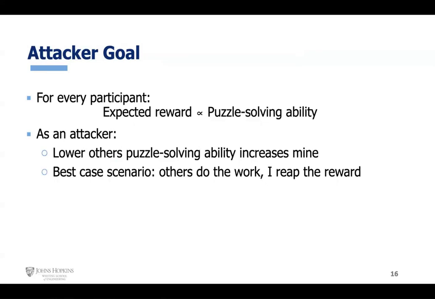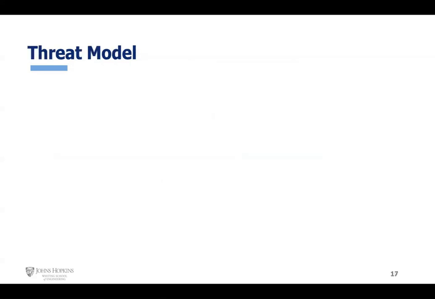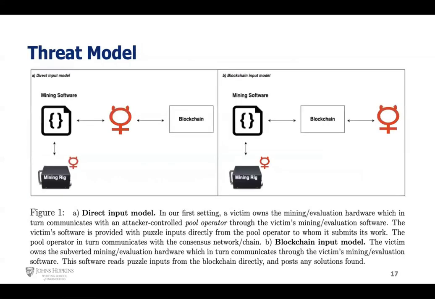For example, if I own 10% of the hash rate of the network, and then half of the network goes out other than me, then now I suddenly own 20% of the network, right? So your respective ability goes up if other people go down. And similarly, the best case scenario, of course, for an attacker, is if they just reap the reward of someone else's puzzle solving work, right? So we basically use 2 main threat models.